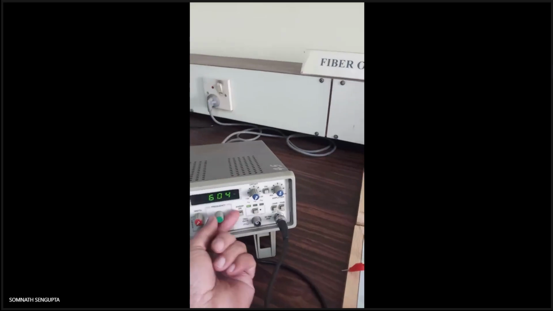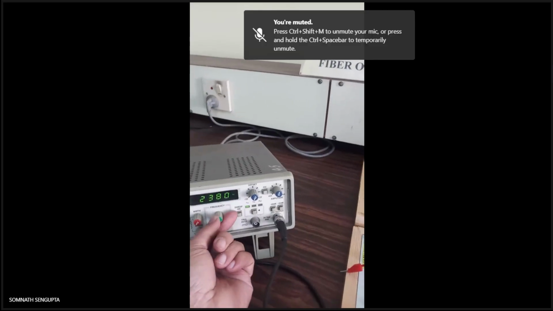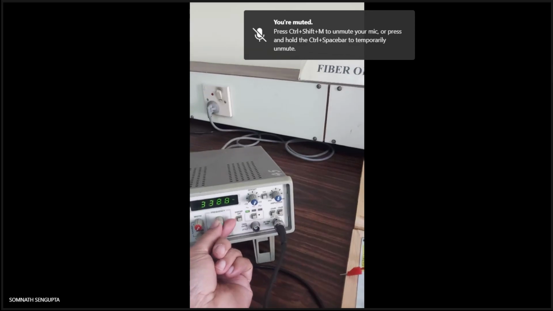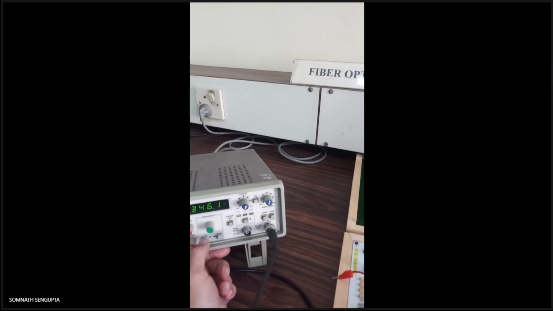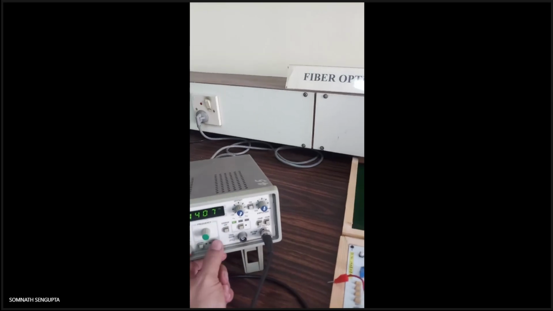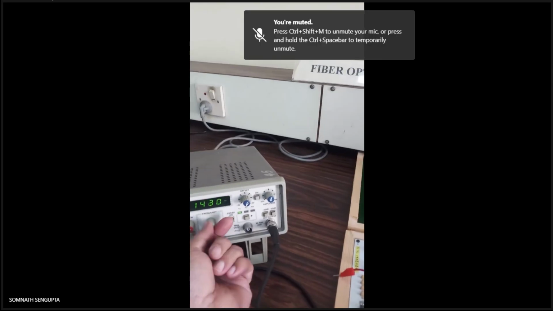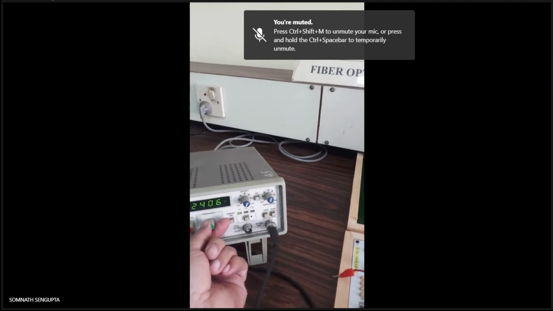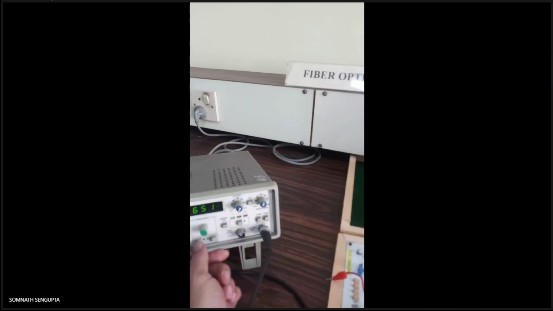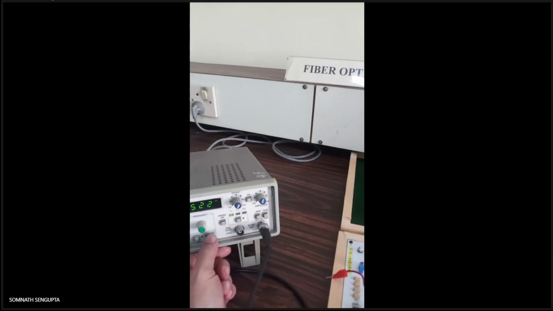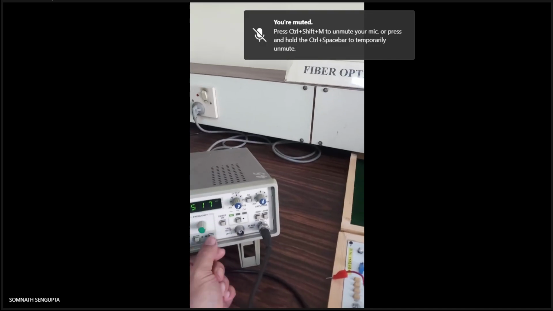So now we'll see for, let us say, 5 kilohertz. Okay. So note down the readings for 5 kilohertz. Are you noting down? Yes, sir.